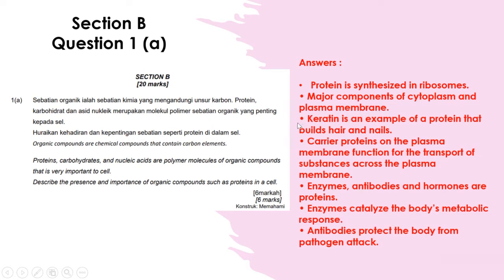Then keratin. Keratin is an example of a protein that builds hair and nails. So you can give an example of a protein and also its function. Carrier proteins on the plasma membrane function for the transport of substances across the plasma membrane.